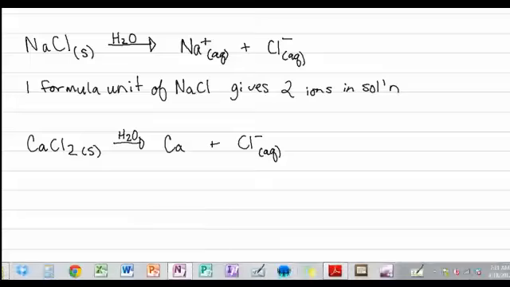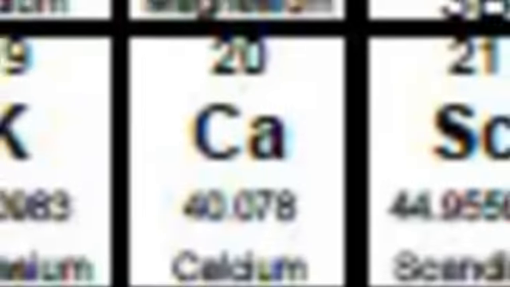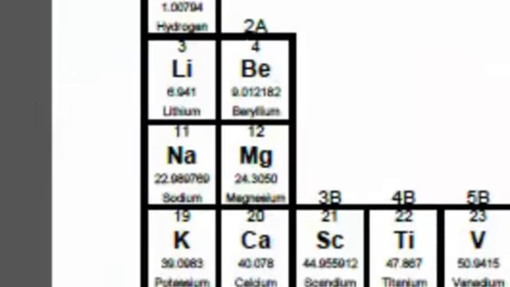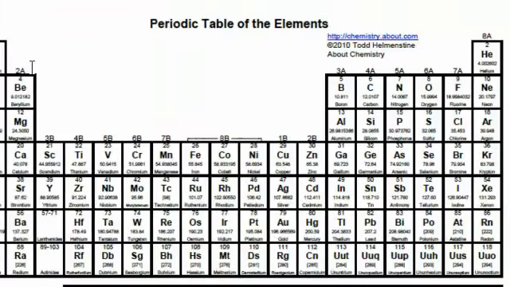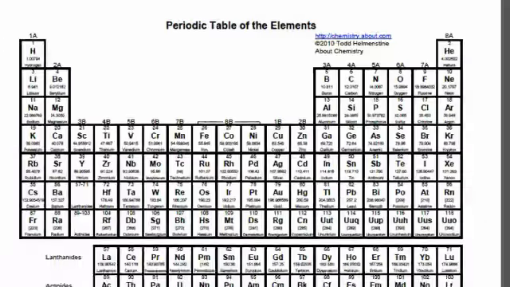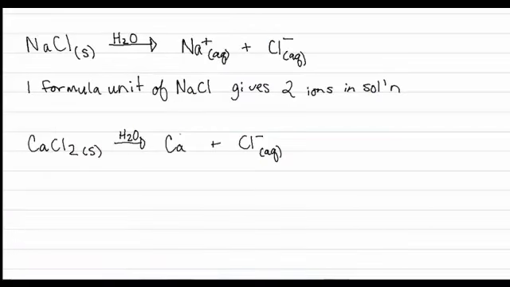If we look at calcium, calcium is in group 2A, number 20, so it has 2 valence electrons. It's much easier to lose 2 electrons than to gain 6, so it's going to lose 2 negative electrons, becoming positive 2, or the positive 2 charge. So we say Ca 2+, we call it aqueous, and then we balance our equation.